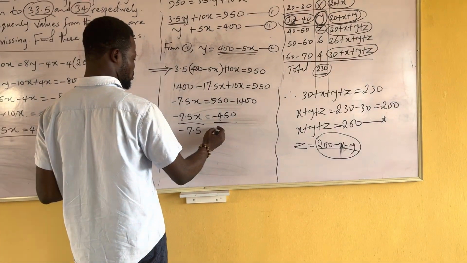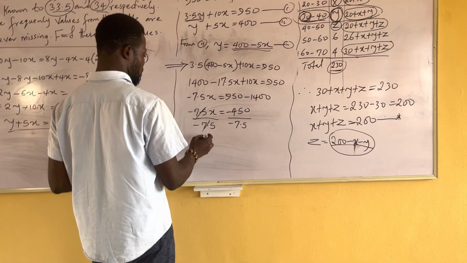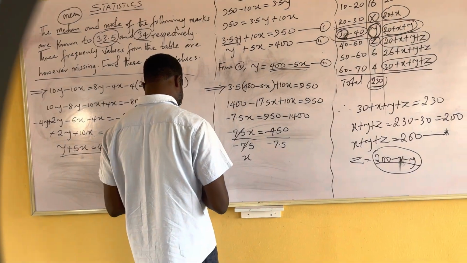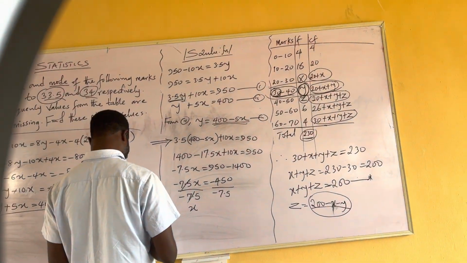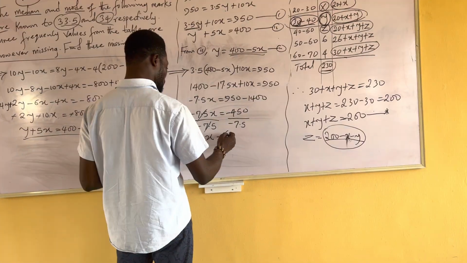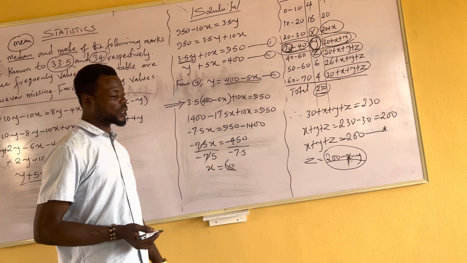This one also minus 7.5. So this will take care of this. Then our x is equal to 60. So the value of x is equal to 60.